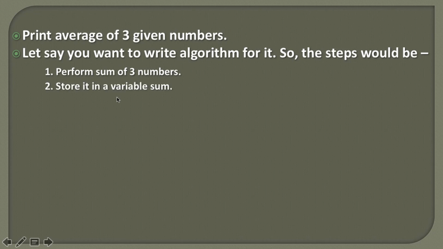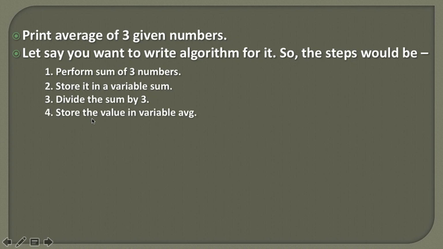Store that sum into a variable named sum. Divide the value stored in sum by 3 and store the value into a variable average. And finally, print the value stored in average. So this would be the sequence of steps which you would perform to print the average of 3 given numbers, and this set of instructions is nothing but an algorithm.